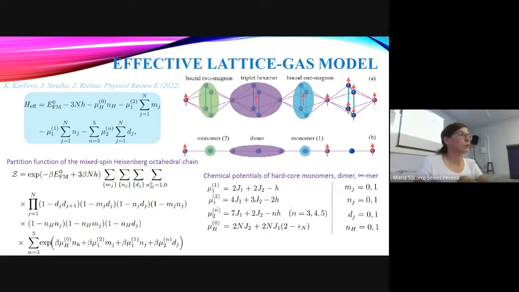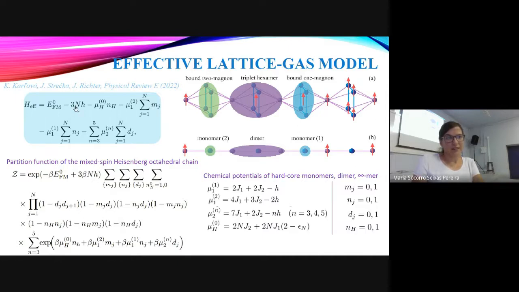In a highly frustrated region, as well as in a moderately frustrated region, one can describe the thermodynamics by the use of an effective lattice-gas model, and the idea is as follows: the one-magnon state and two-magnon state can be substituted by monomeric particles, and the triplet hexamer state can be seen as dimeric particles.